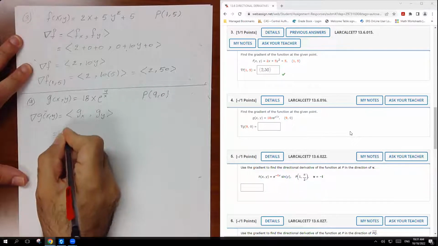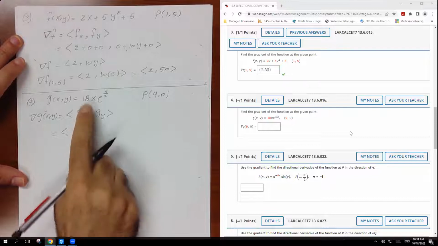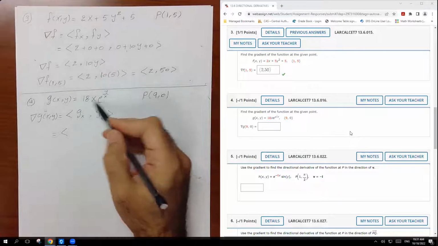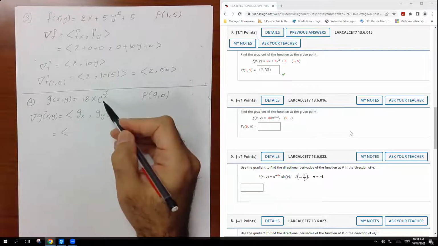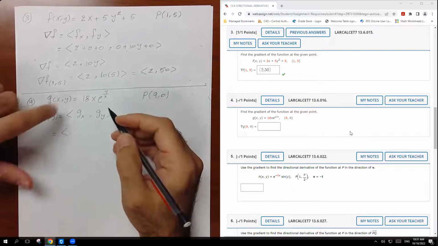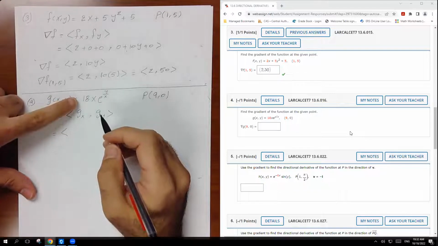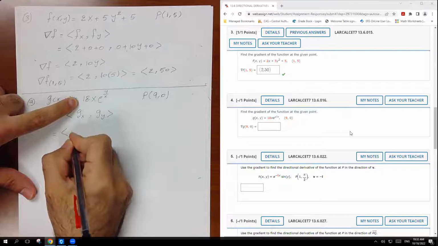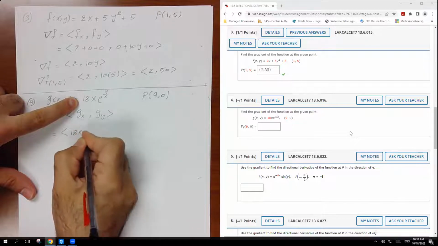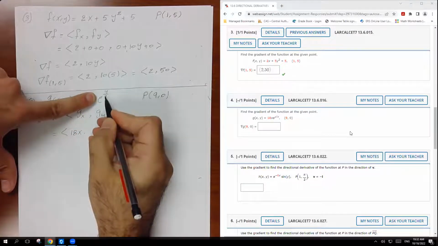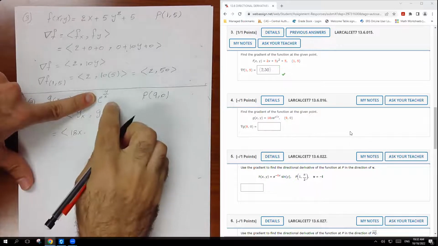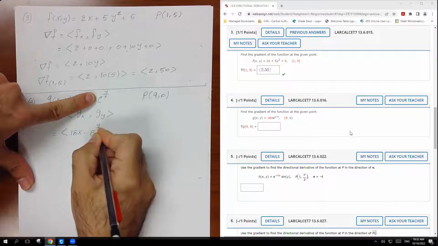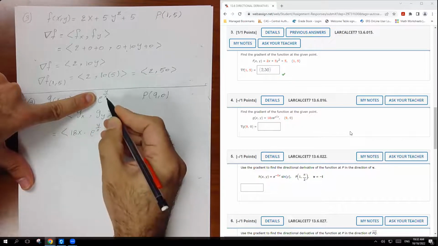Now we have to find the derivative with respect to x. The derivative is of the product of two functions, so it's going to be the first one times the derivative of the second one. The first one is 18x times the derivative of the second one, because there is x here. Be careful with this function: it's going to be the function times the derivative of the exponent.